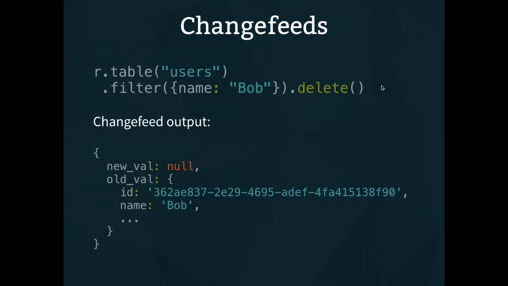If you were to modify Bob instead of deleting it, you would get an old val and a new val. But in this case, we've deleted it, so it only shows you the old val. If you were to insert a new row, it would be the opposite. You would get a new val but no old val. And the output there is basically just JSON. I've truncated it here, but it will give you the full document for the new val and old val.